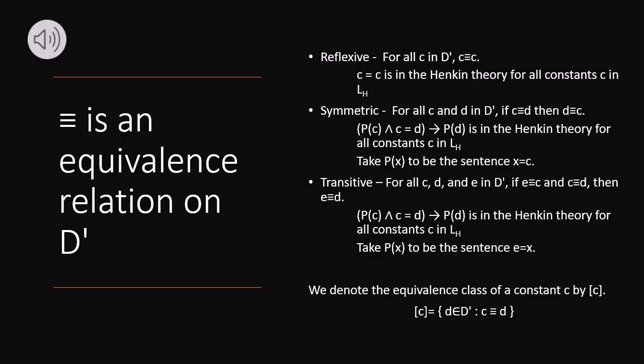And we'll denote one of these chunks, or the collection of things that are equivalent to some constant c, by just putting some brackets around that particular constant. So those will be all the other constants that are equivalent to c. And these turn out to be the actual elements of our structure. So on the next slide, we'll start to define the details of our structure M sub h.